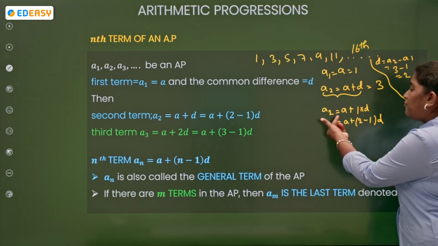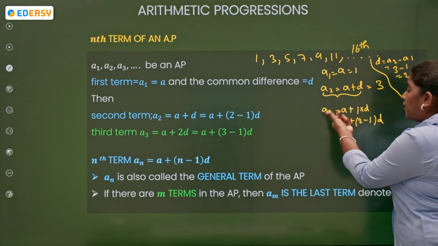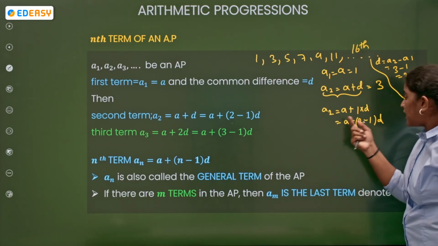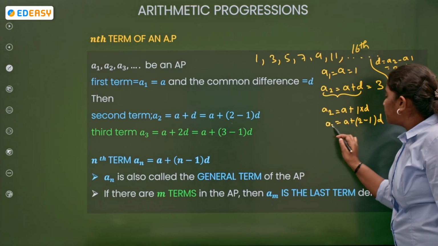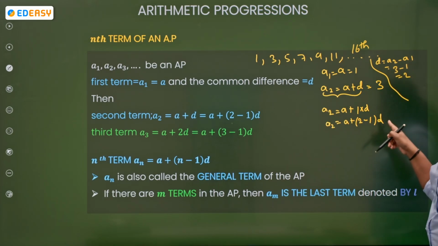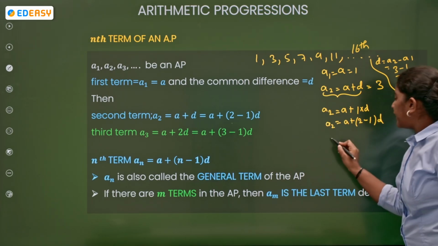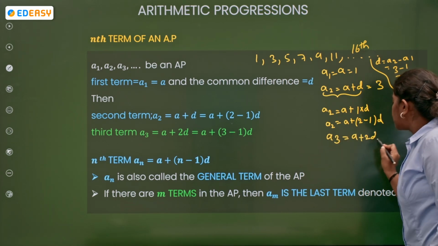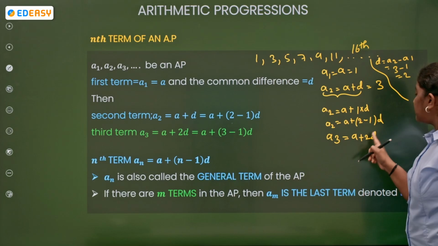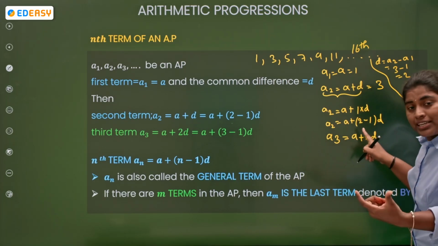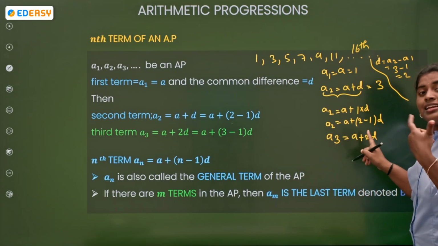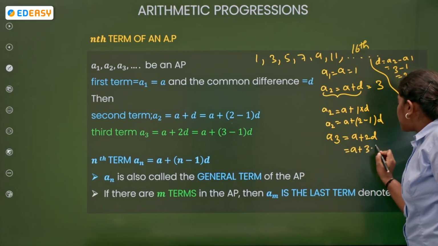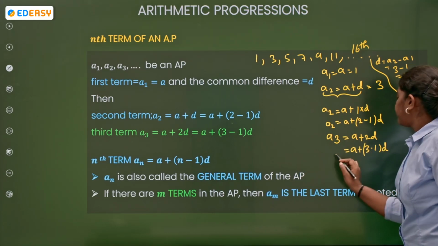Because I need to find the relation between the term number 2 and D, I am converting this relation as A2 equals A plus of 2 minus 1 into D. What about A3? A3 equals A plus 2D. Now, how can we write this in terms of 3? 2 can be written as 3 minus 1. So now it can be written as A plus of 3 minus 1 into D.